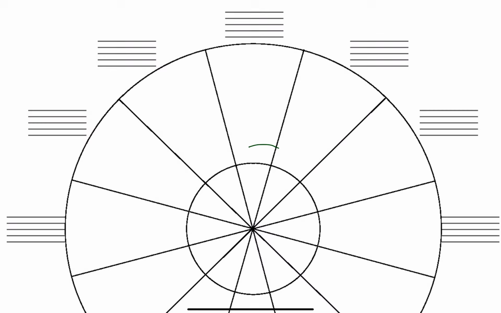The circle of fifths is called that because as we go clockwise, we're going to go up a fifth. And as we go counterclockwise, we're going to go down a fifth.